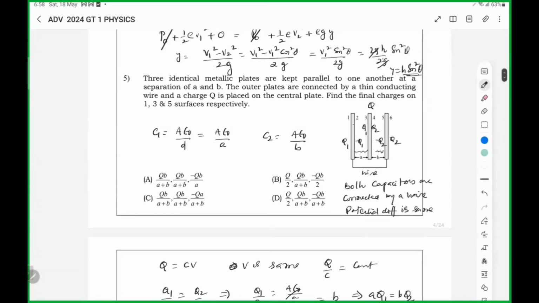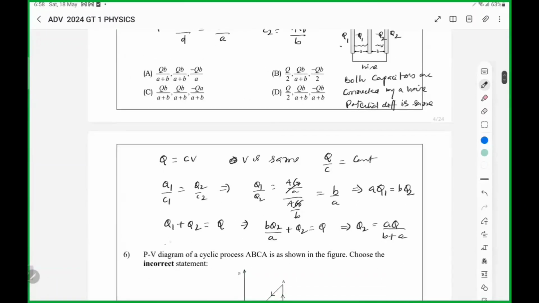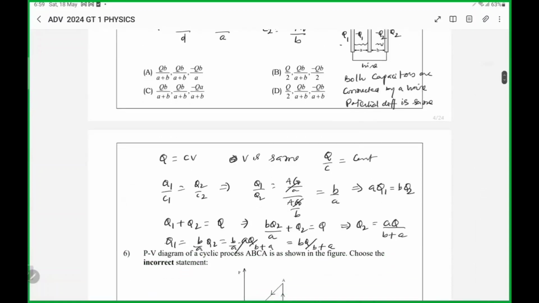But what he asked, charge on 1, that is Q1. Okay, Q1 will be B by A Q2, that is B by A. Q2 will be A Q by B plus A, which is B Q by B plus A. Right?